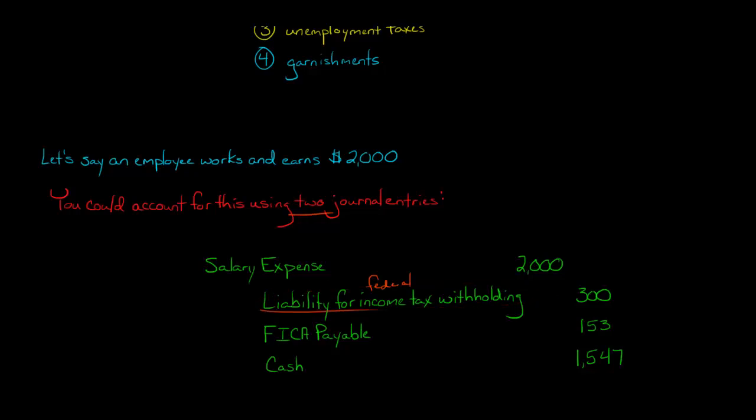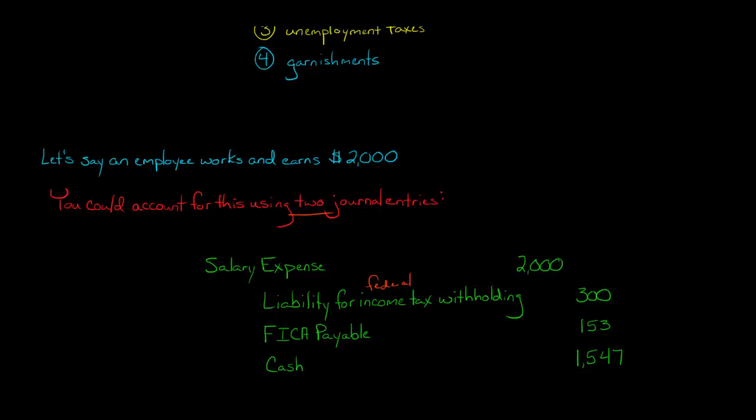Liability for federal income tax, that's saying that the government has said, look, we think that this employee is going to owe some federal income tax, and we're asking the employer to hold this money back and not pay it out to the employee. So the employee never receives this $300. Okay, they're not going to receive that. So the company is holding it and remitting it to the government. Now, this is going to be a current liability for the company because within 1 year, they're going to submit this to the federal government.